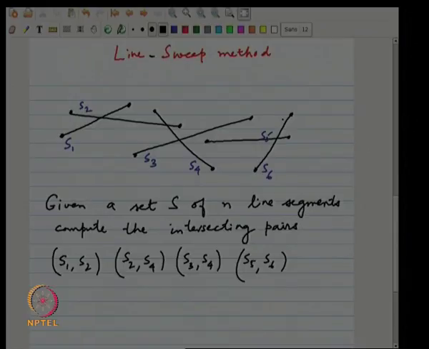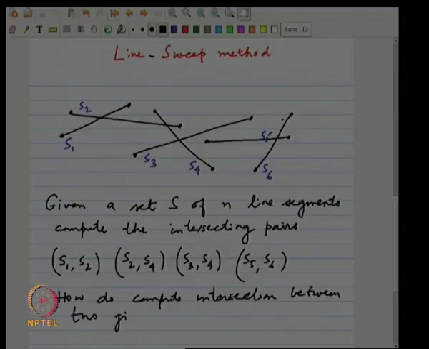Okay. So how would you algorithmically try to compute these intersecting pairs? First of all, let us just for a moment reflect on how, given 2 line segments, you compute the intersection. This is a very basic question. How are the line segments described?